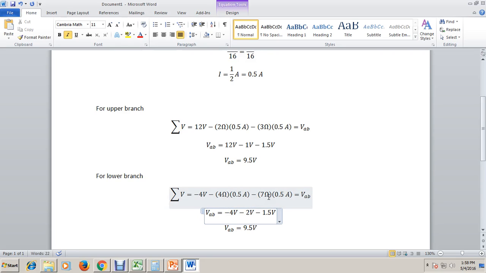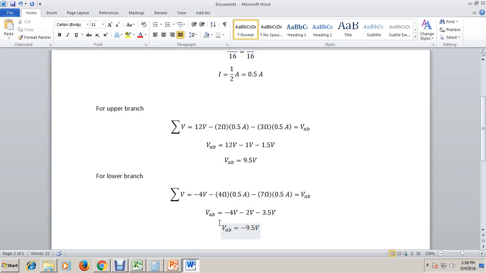Next is 7 times 0.5, that is 3.5 volts. Considering the sum, this becomes negative 4 plus negative 2, that is negative 6. Negative 6 minus 3.5 gives us negative 9.5 volts. So the overall value now for V sub AB is of course 9.5 volts.